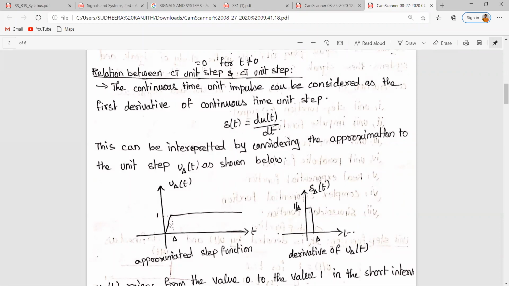So let us first try to find the equation of this line. How can we find the equation of a line with 2 points? Anyone in the class? One is the origin and the other one is delta comma 1. How can we find the equation of a line with 2 points?